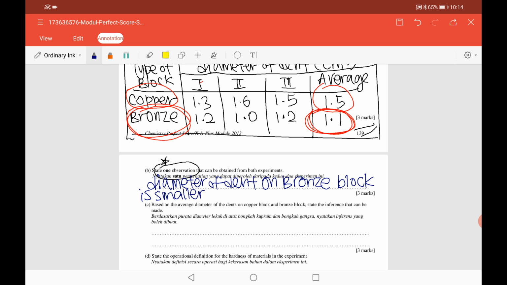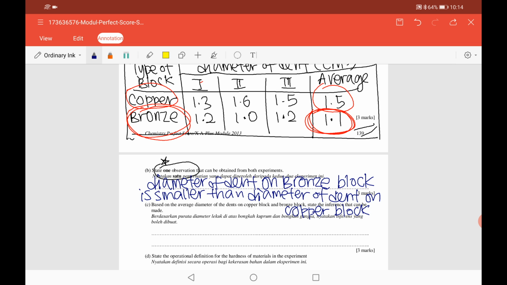Don't write smaller only, you must say smaller than what. Whenever you want to do comparison, you must compare with the right counterparts. So the diameter of the dent on the bronze is smaller than the diameter of the dent on the copper block.